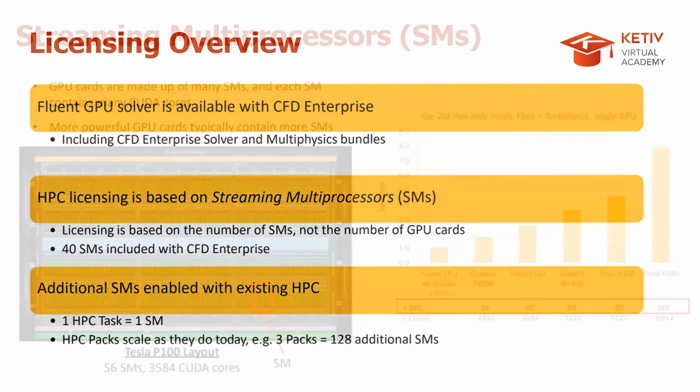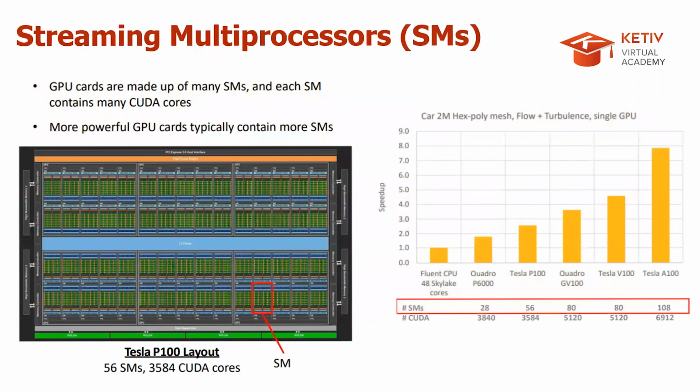So what are these streaming multiprocessors, right? Perhaps a lot of people may not be very familiar with this concept. So let me go ahead and explain a little bit about it. GPU cards are made up of many streaming multiprocessors, right? And each of these streaming multiprocessors in turn contain many CUDA cores.